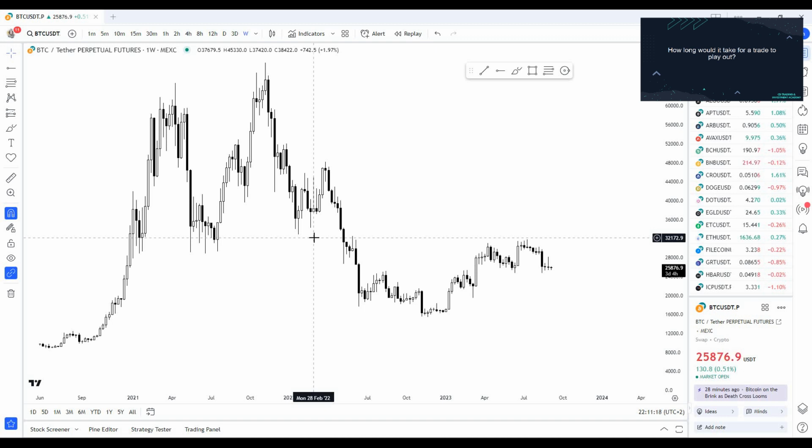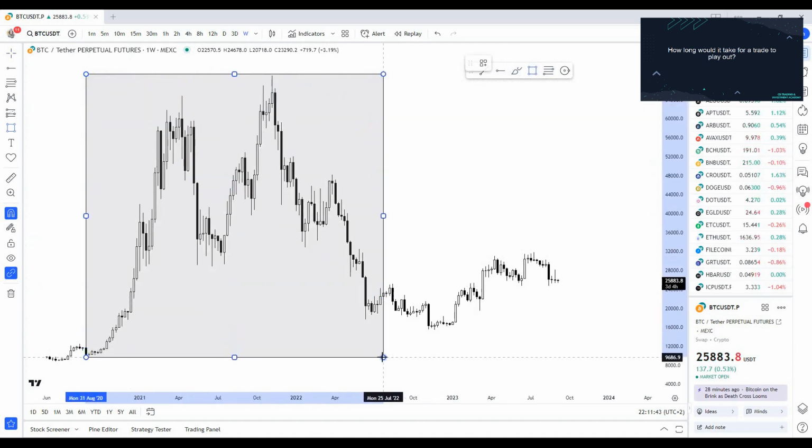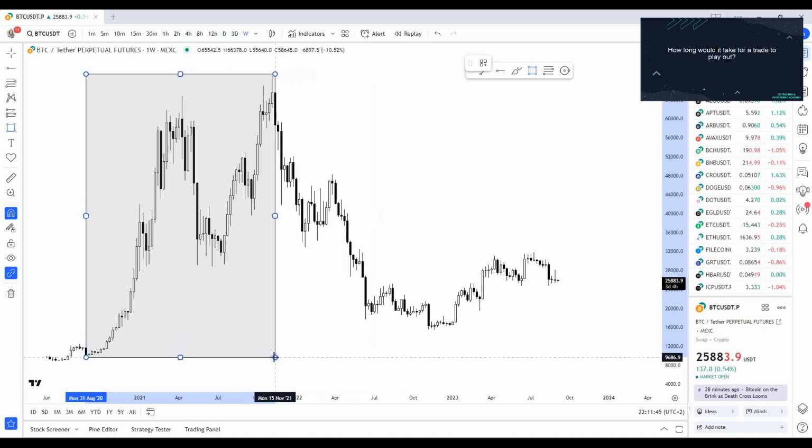If you would do a technical analysis on this and try to trade a setup on this chart, it would probably take months, maybe a year to play out. Let's say you look at the last bull run, it started here, and that was the blow off top.